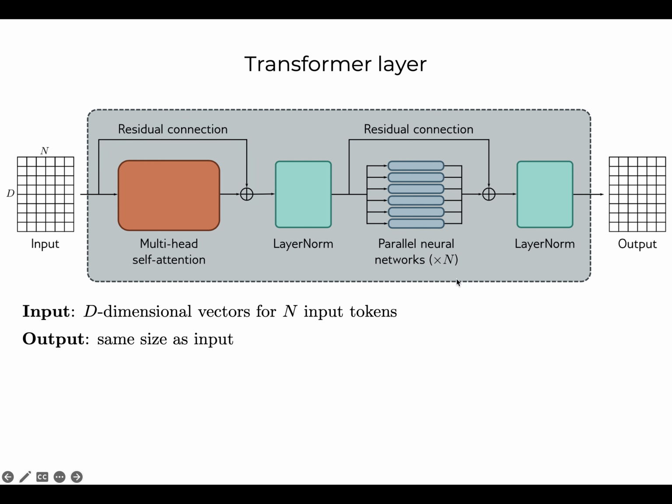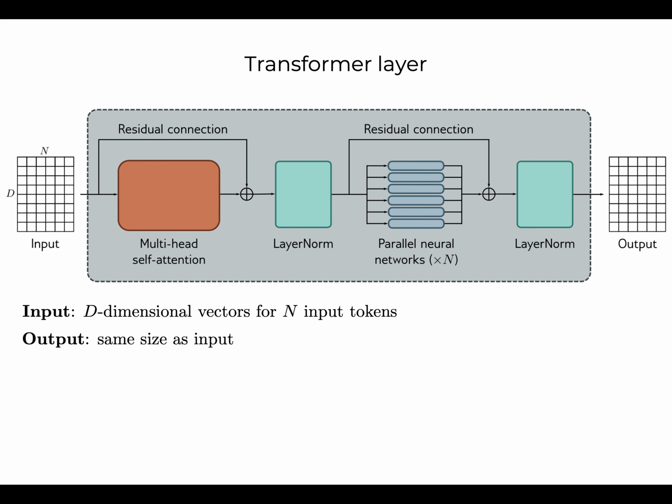The second main ingredient here is that after the multi-head self-attention, the representations of each input token are independently passed through a neural network, so an MLP. This is the same neural network repeated n times for the n input tokens. Another way you could think about this is one-by-one convolutions.